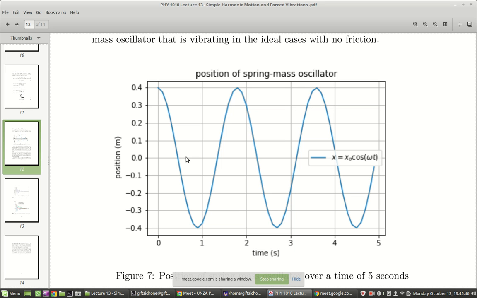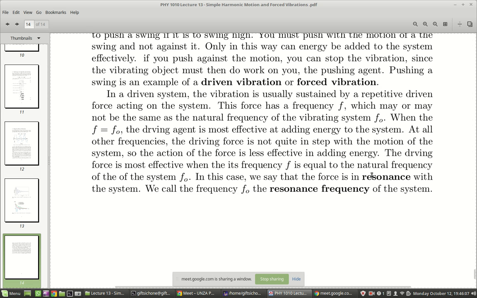I was saying when a mass which is executing simple harmonic oscillation is vibrating with maximum amplitude, then we say that resonance is happening. Okay? And the frequency at which that happens is known as the resonance frequency.